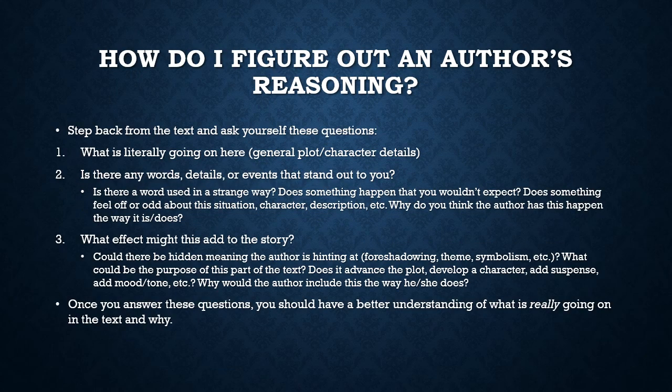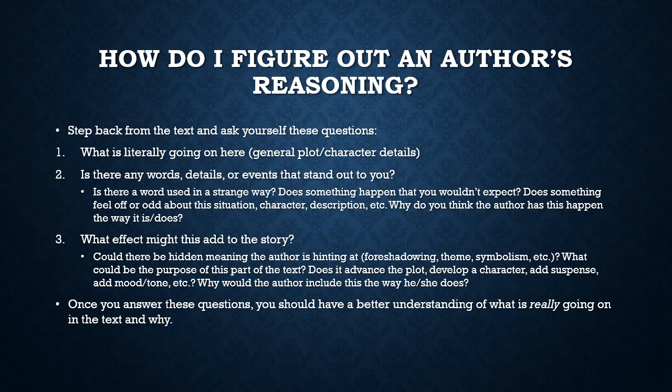So how do I figure out an author's reasoning? Well, you want to step back from the text and ask yourself these three questions. Number one, what is literally going on in this text right now? Give general plot details and general character details of what's going on in the story. Number two, are there any words, details, or events that stand out to you?